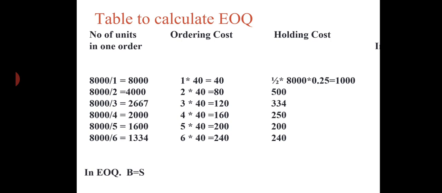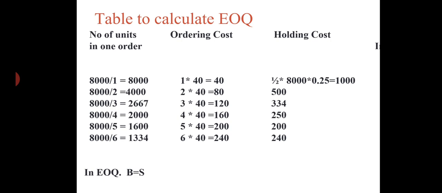Suppose the order is placed 5 times, the total 8,000 units placed in 5 orders. In the sense, the total cost is 200 for ordering cost and 200 for holding cost, totally 400.